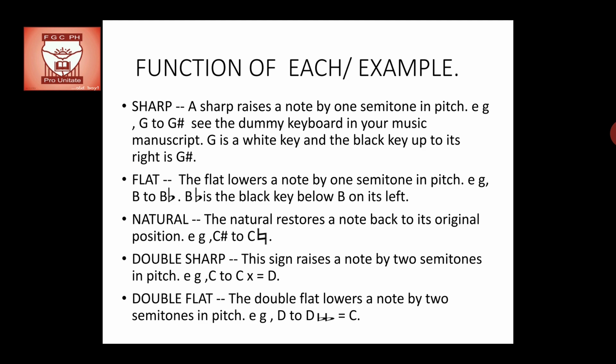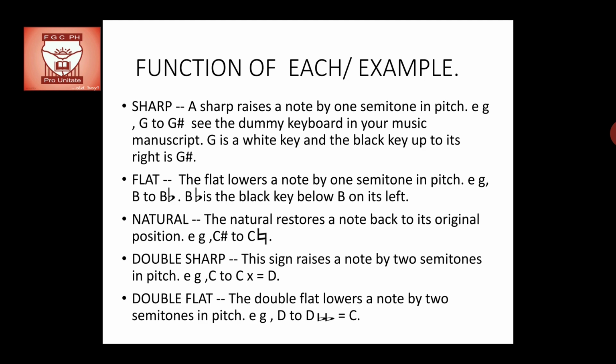Natural. The natural sign of accidental restores a note back to its original position. We already know in our keyboard setting that the letter C is the first white key before the two black keys in the order of arrangement. So by your C, if you move up to the black key above the C to the right, you have the C sharp.